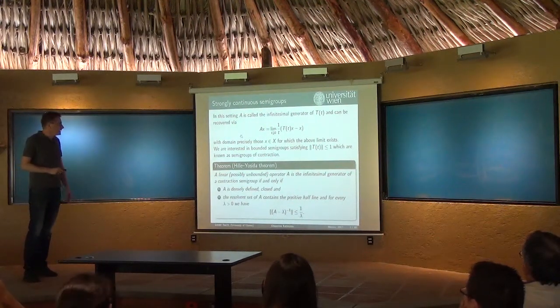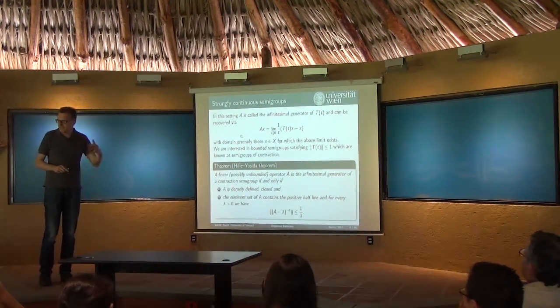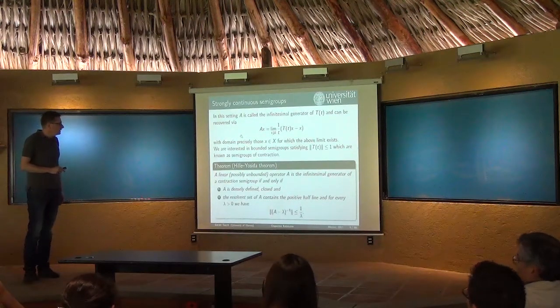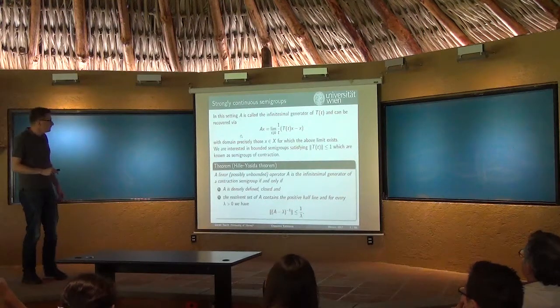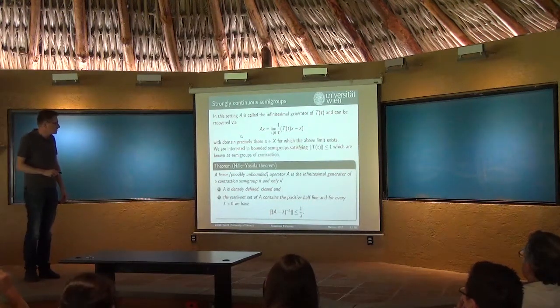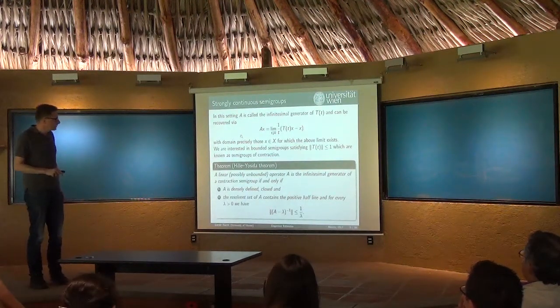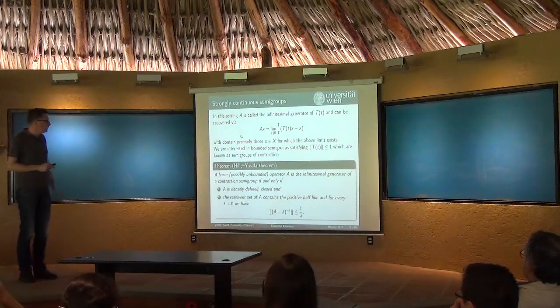Okay, we are going to make an extra assumption which is not necessary but simplifies life a little bit and is fulfilled in many applications, in particular in the applications we have in mind. So we're going to assume that we have a contraction semigroup, meaning that the norm of these operators here is smaller or equal to 1. So things don't grow, they remain bounded.